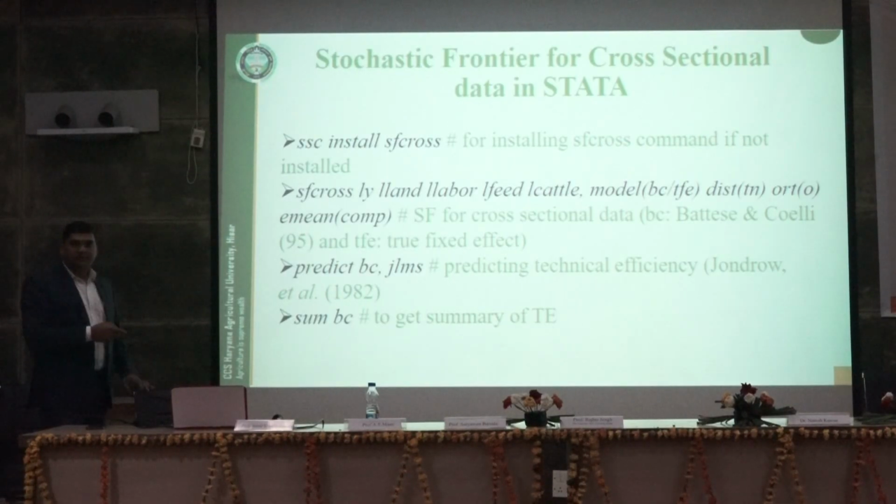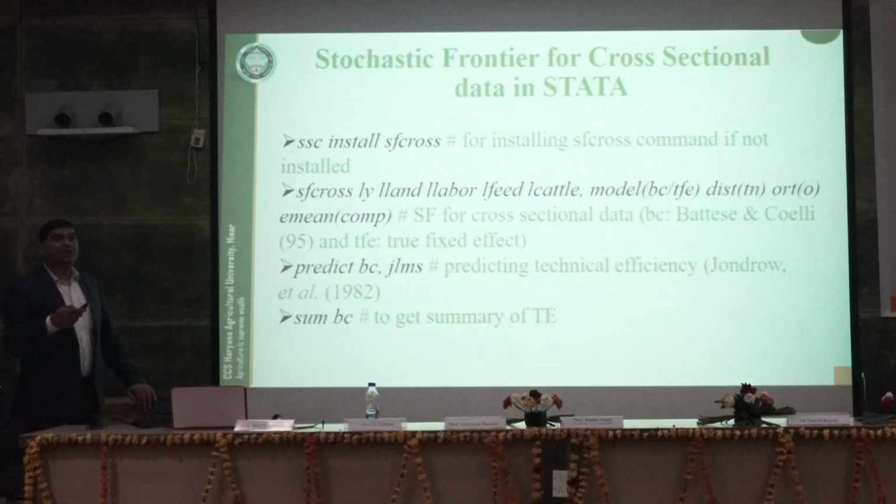And this is emean. Emean is the command to check the reasons of inefficiency. Which variable is responsible for the inefficiency? You can write here any variable that you want to check, whether it has a significant impact on the inefficiency or not.